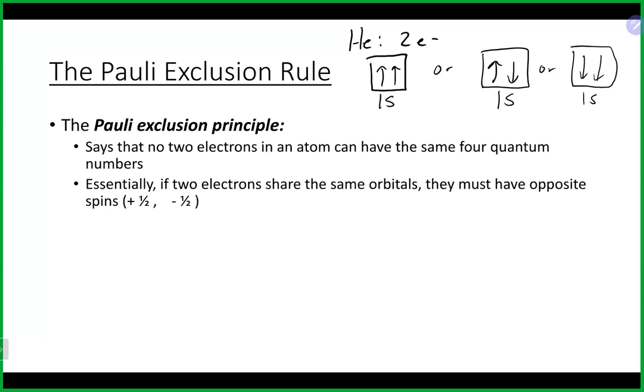Pauli's exclusion rule says that no 2 electrons in the same orbital can have the same 4 quantum numbers. We're not going to get deep into quantum numbers, and you will in the next class, but there are 4 quantum numbers. There is n, the energy level or principal quantum number.